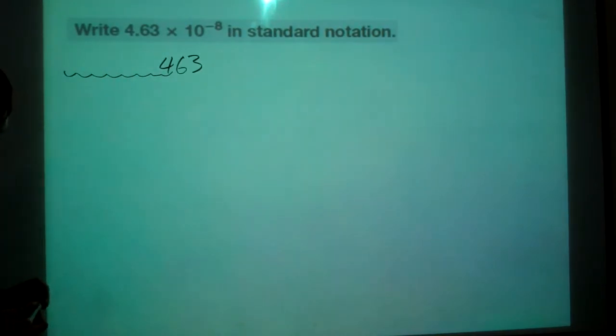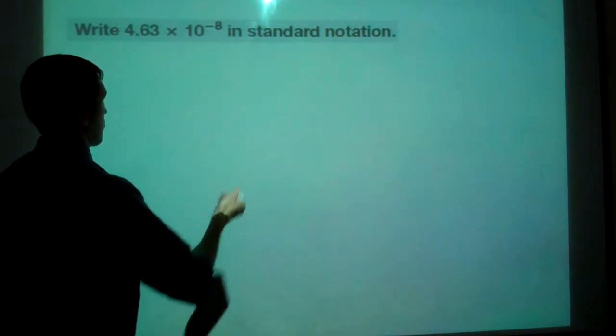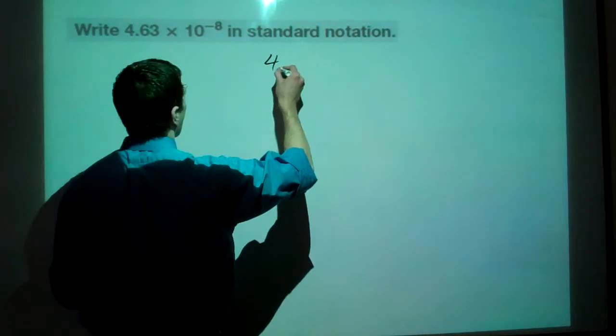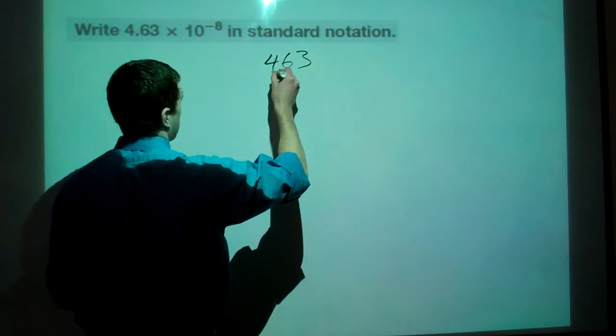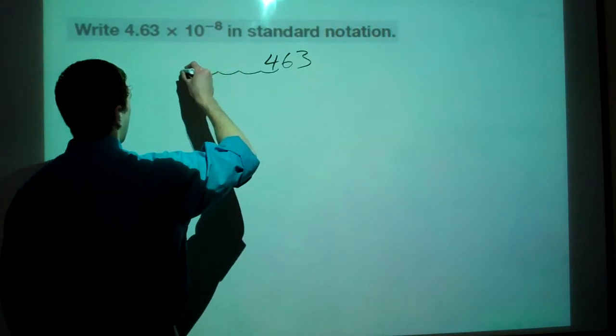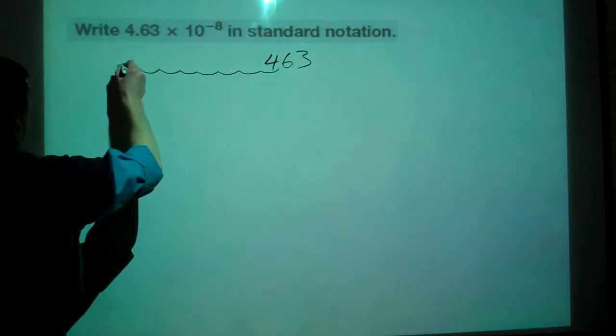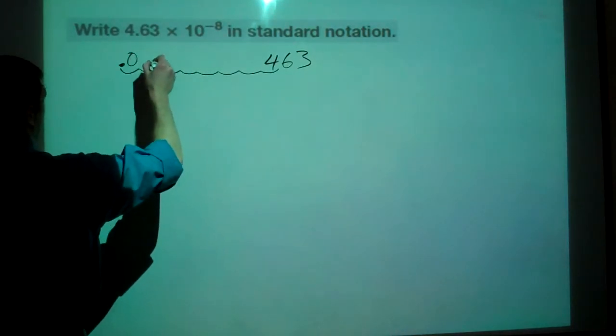And I didn't draw that very well, I'm going to redo it. Let's put the 4 here more. 4, 6, 3. 8 spots to the left. 1, 2, 3, 4, 5, 6, 7, 8. Decimal point's going to go right there. Fill these with zeros.